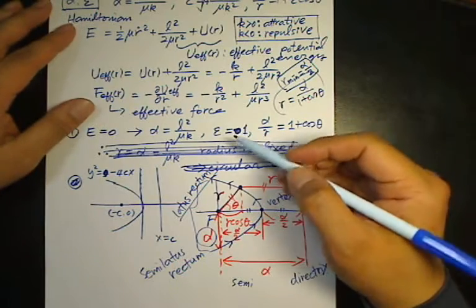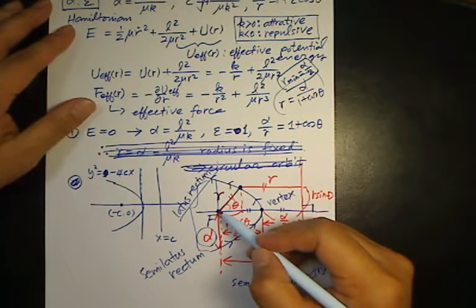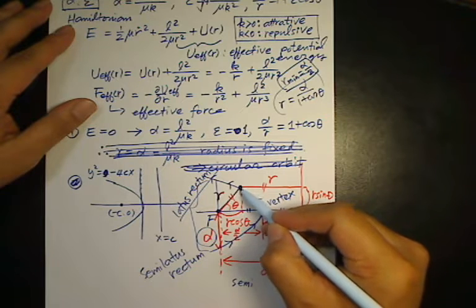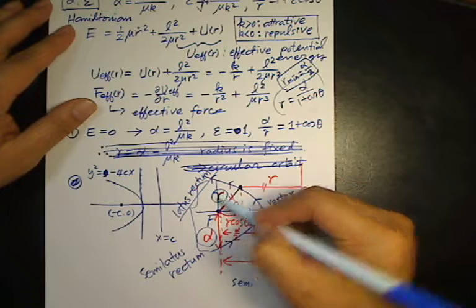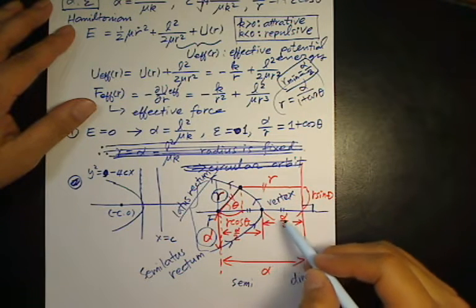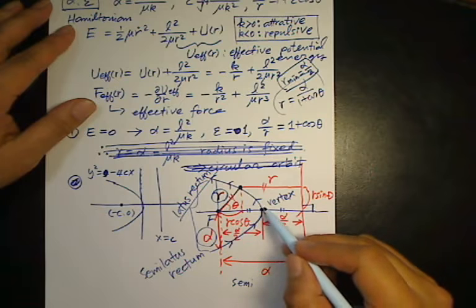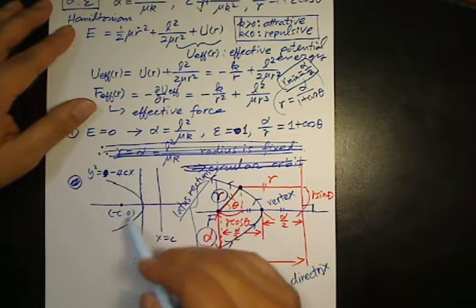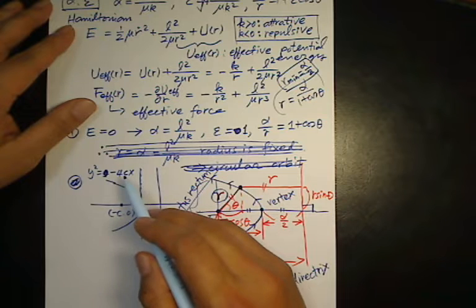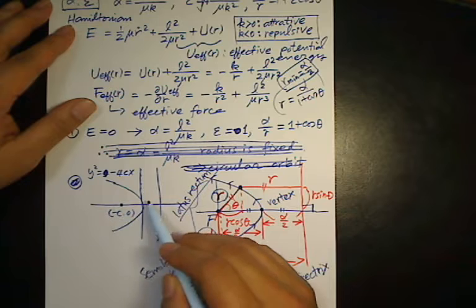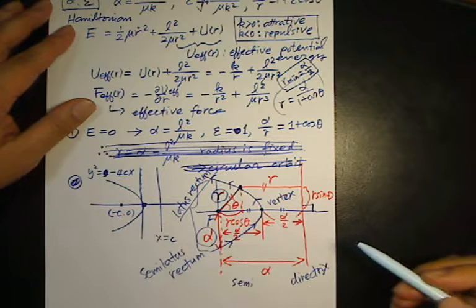And we remember the distance from the focus to the particle on this orbit is defined by r. It is not the radius from the center. Usually, if we use this kind of parametrization, y squared equals 4cx, in that case, the focus is outside and the origin is at the vertex.